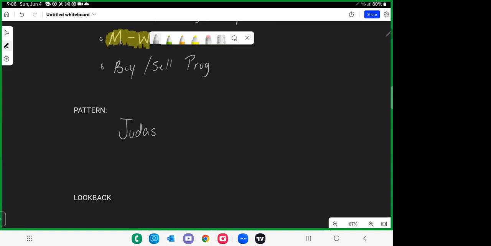You already know I'm looking for a Judas swing in line with the weekly range expansion, the previous day's draw on liquidity, and so on and so forth. You know what that pattern looks like, and then you become a perfectionist and a master at that pattern.